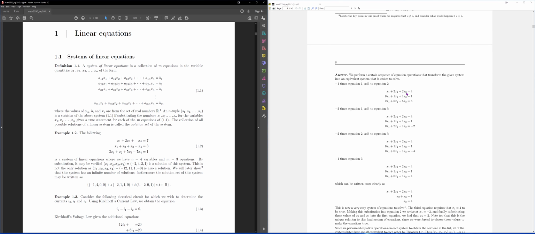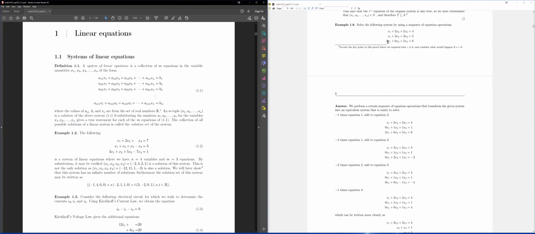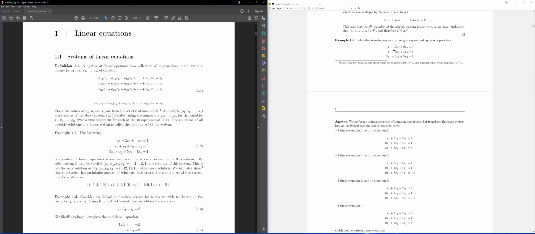And this x3 is 4, so that's 20, and 20 minus 14 is 6. So when I put in 2, minus 3, 4, it satisfies each equation.